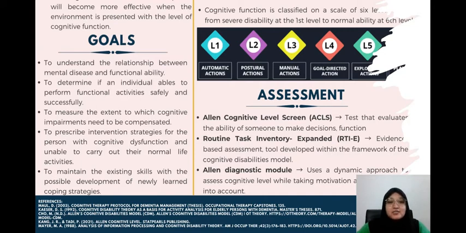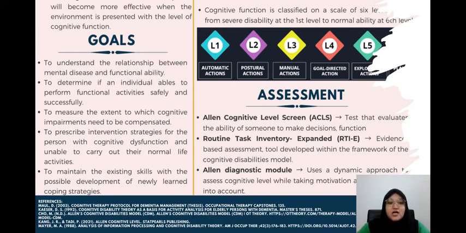And lastly, the ultimate goal in this cognitive disability FOR is the maintenance of the existing skills with the possible development of newly learned coping strategies. Okay, this cognitive disability FOR derives its theoretical underpinning from neuropsychology, cognitive psychology, as well as biological psychiatry.